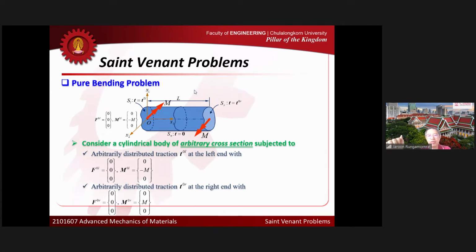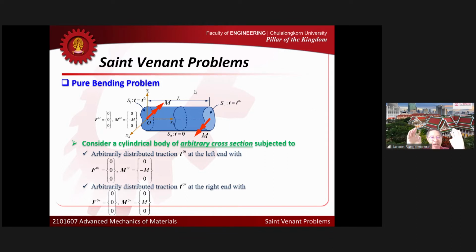If you don't care much about the distribution at any point at the left end and at the right end, we just look at it in terms of the net force and moment. So for this problem, I simply apply loading at the left and at the right end. The loading that I consider here is simply the bending moment, right? I apply the bending moment at both ends.